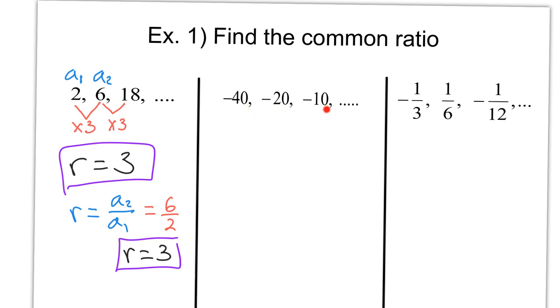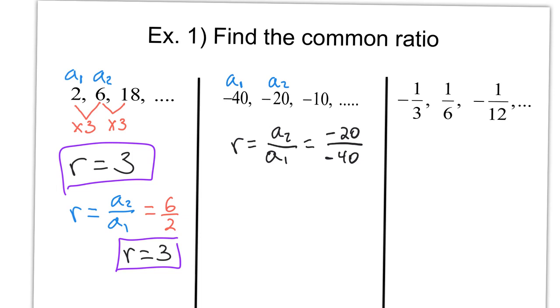So you do the division. In order to find the common ratio, I'm going to take my second term divided by the first one. The second term is right here, the second number. My first term is right here, the first number. So I'm going to set up my division: negative 20 on the top divided by negative 40 on the bottom.